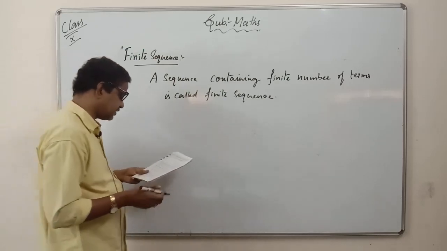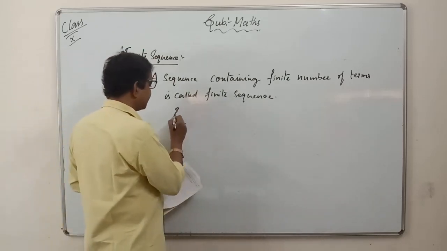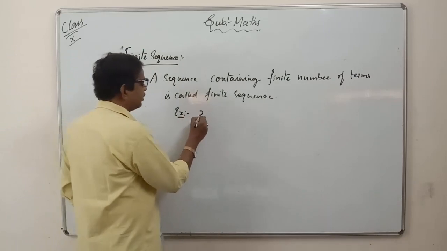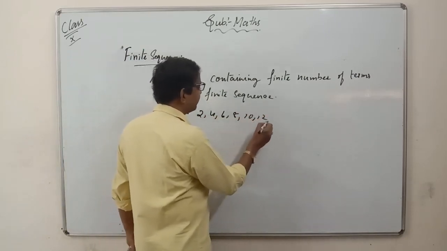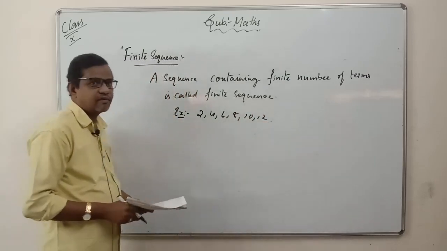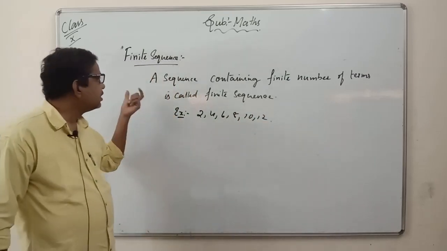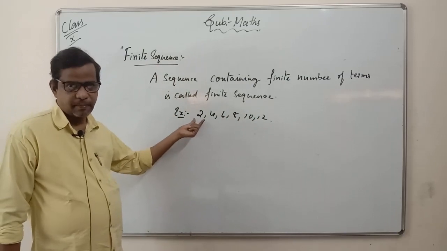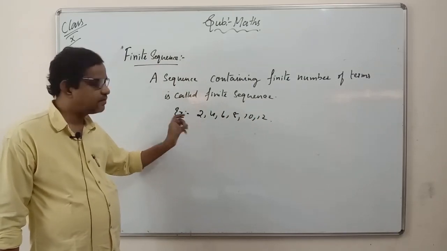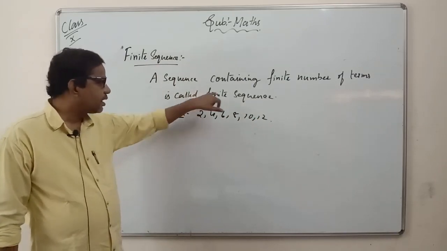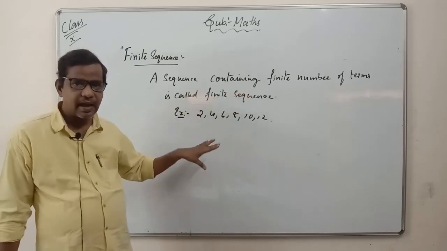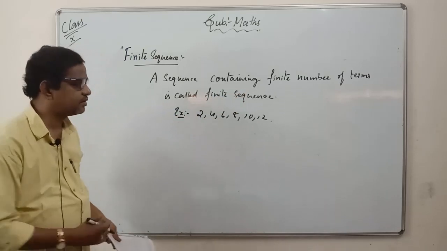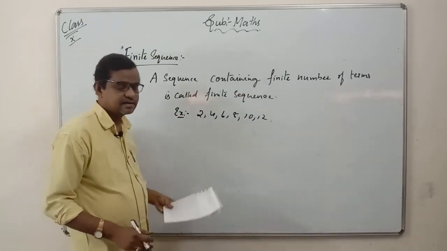Here he has given the example, and you can write down the same example here: 2, 4, 6, 8, 10, 12. Here you can count the number of terms in the sequence. So this is called a finite sequence, where we can count or which has an end.